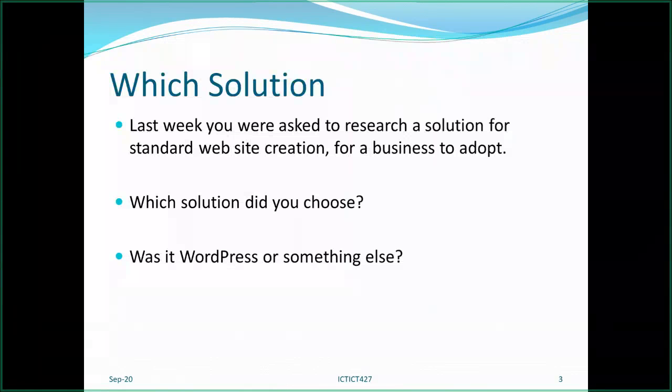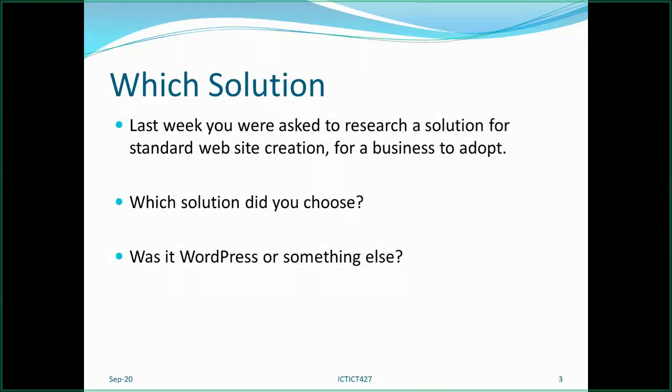So, which solution did you choose? We've already had a couple to say we'll stick with WordPress, so it's up to you. But the first thing you need to do is remember the first assignment that's going to hit you is going to ask you to write a business case for choosing your solution.